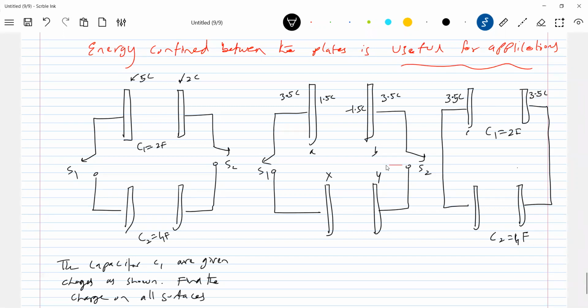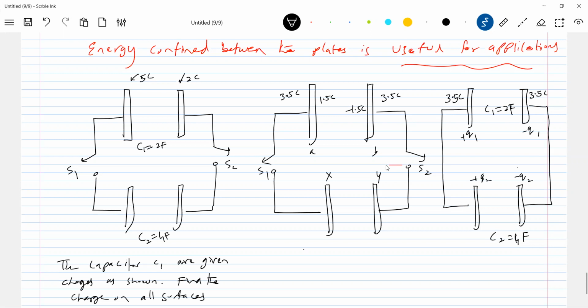This is Q1, Q2. So here minus Q1, plus Q2, minus Q2. So what should be the conservation of charge?